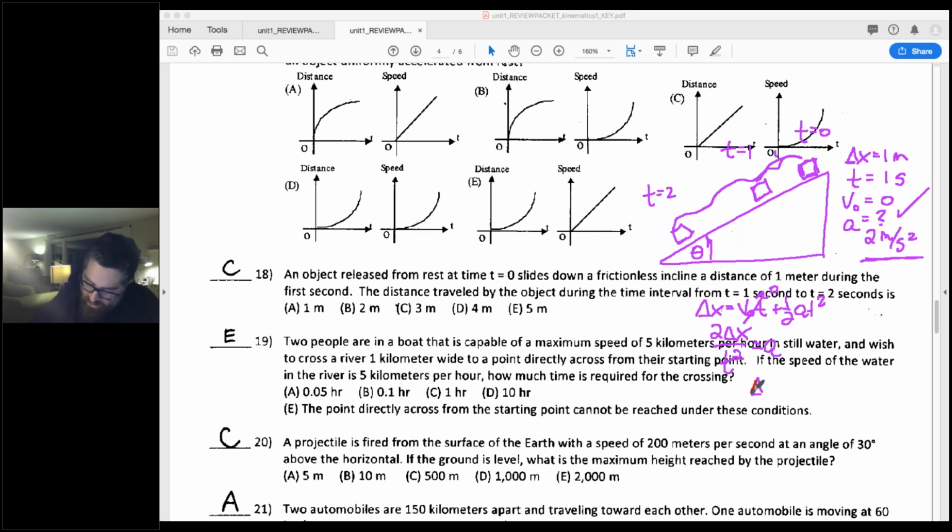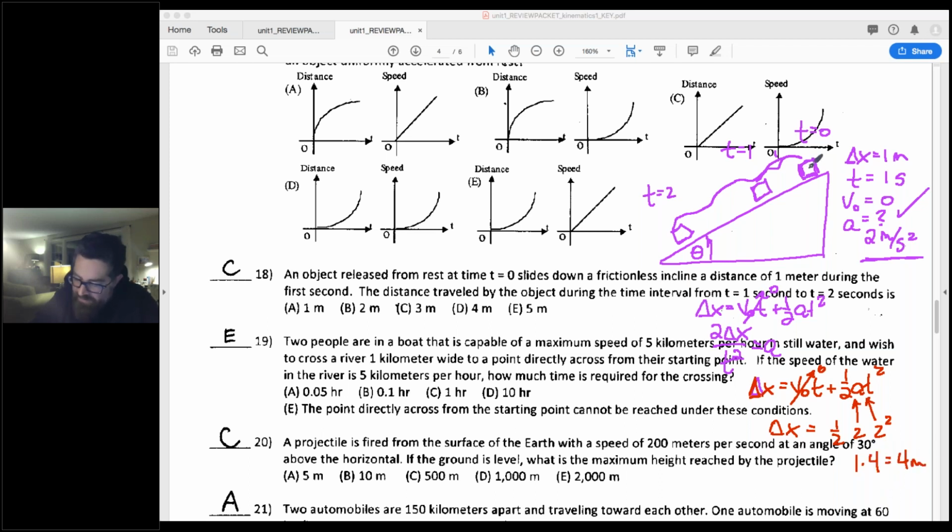Part 2 of the problem: delta x is equal to v0 t, which is still 0, plus 1/2 a t squared. I plug in 2 for a, and 2 for time, but I have to square it. So delta x is 1/2 of 2, which is just 1, times 2 squared, which is 4, equal to 4 meters.